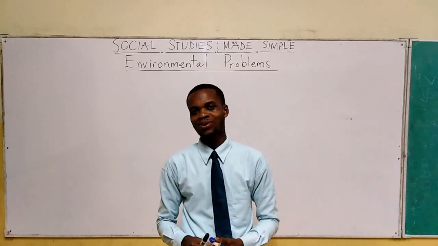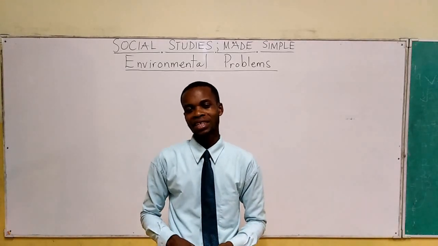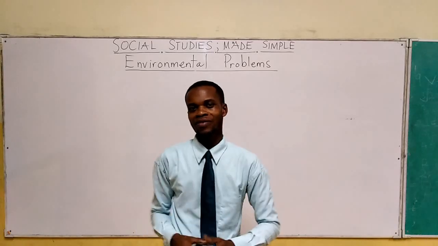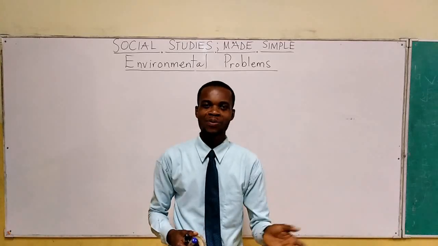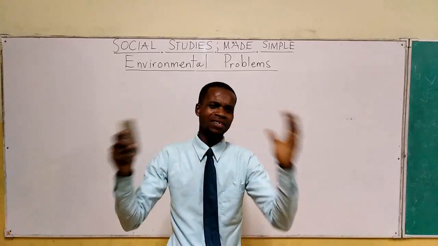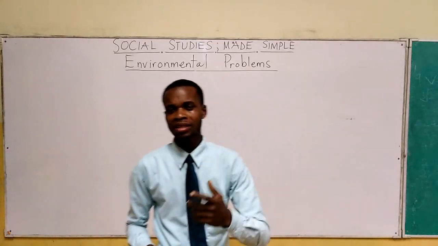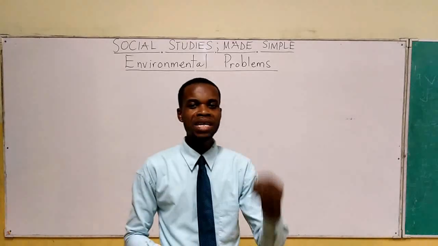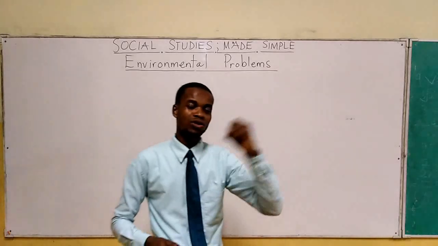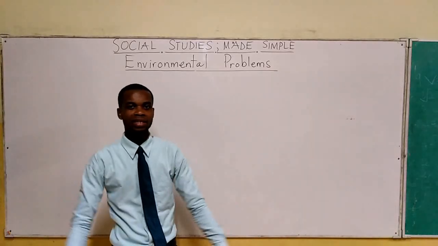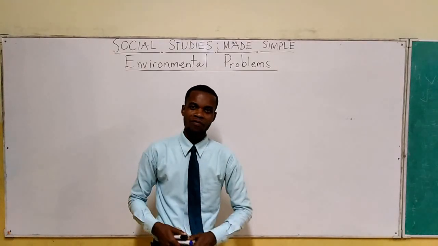Today, I would like us to move forward to look at something very important as part of the topic I introduced the last time: environment and environmental problems. Today I would like us to look at the environmental problems, and I'm sure you agree with me that environmental problems are mainly caused by human activities. A lot of activities take place on this earth that we are responsible for.